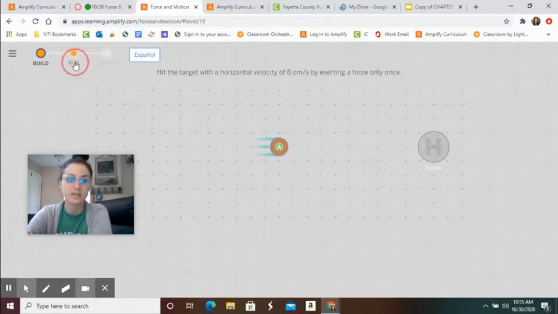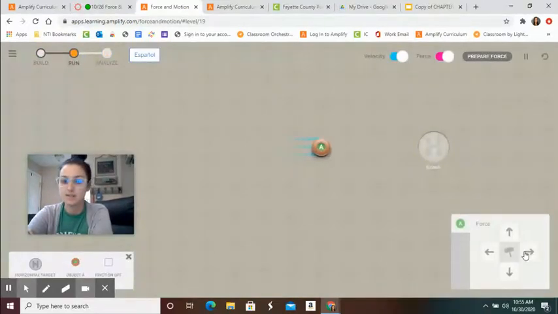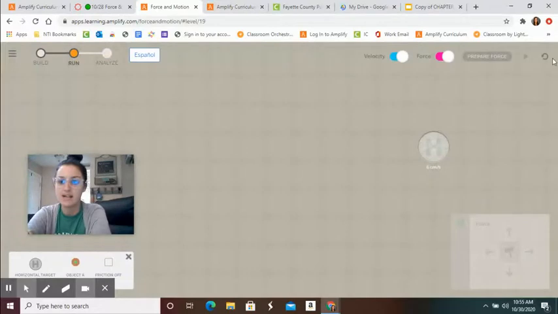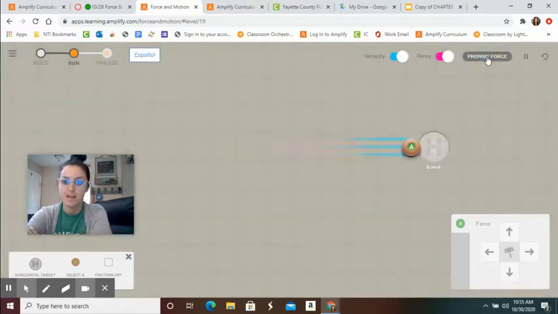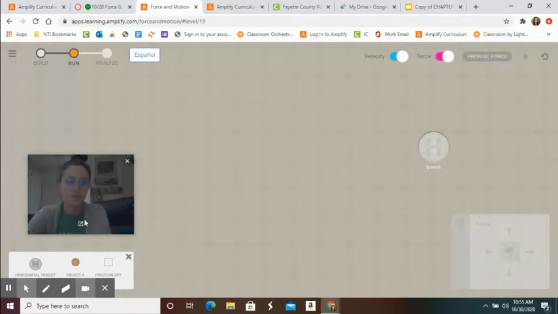So what I'm going to do is speed up my force. So I ended up, and I'll show you again, clicking my force 1, 2, 3, 4 times. And I exerted, and that created enough speed for it to go in the target at the speed it wanted.